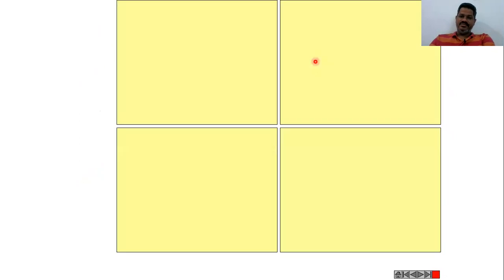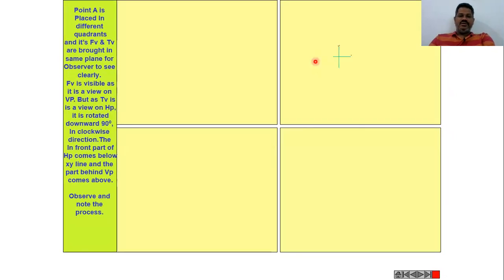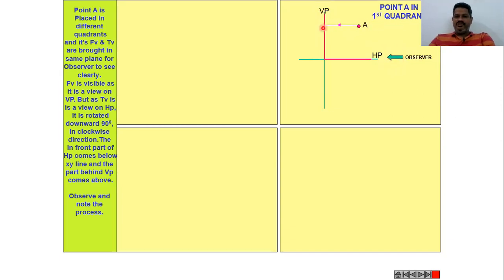Now, I'm going to place a point in the first quadrant like this. This is the first quadrant, of course. Then when you see from perpendicular to the vertical plane like this, the point will be projected onto the vertical plane exactly like this.